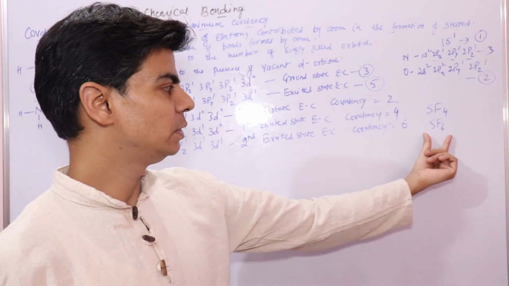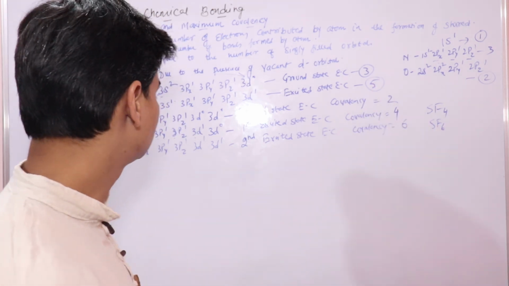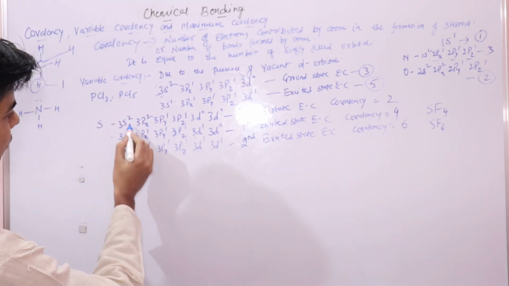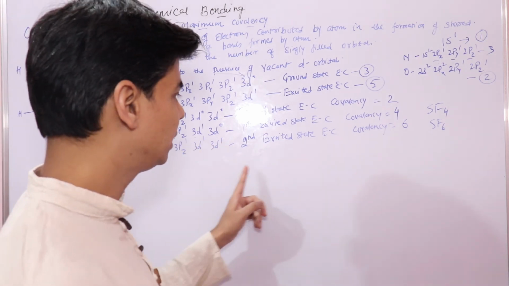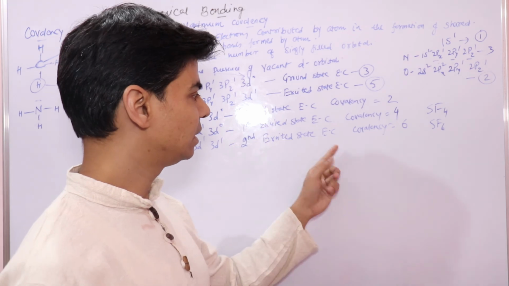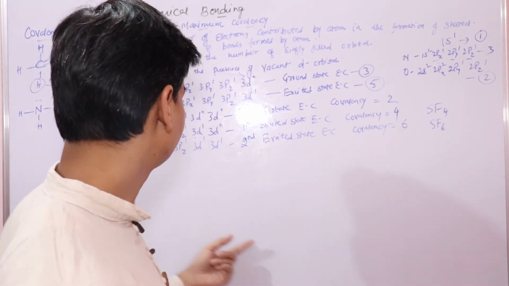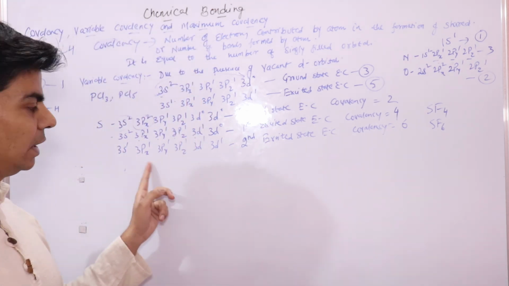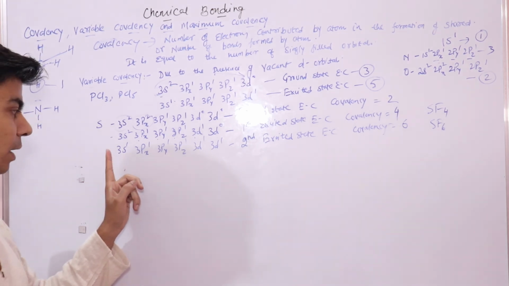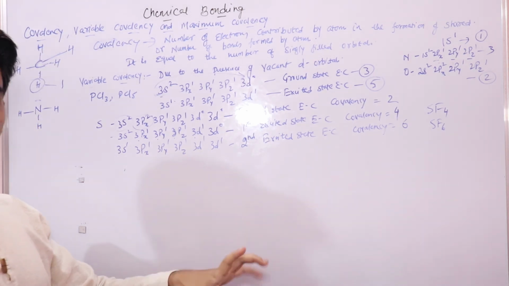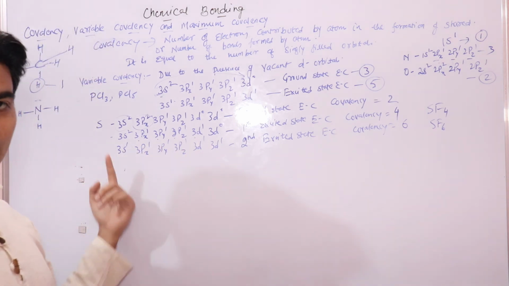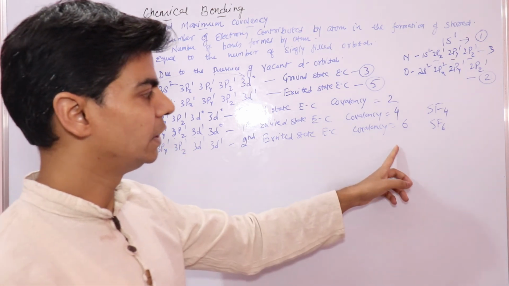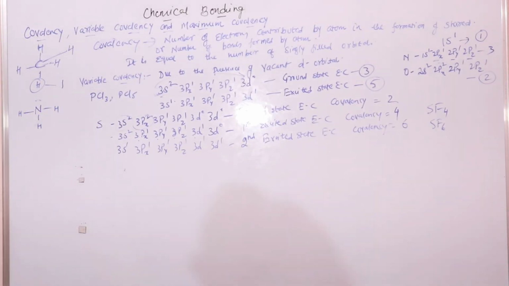So when this molecule gets formed, enough energy is released that both the electrons from s and p orbitals are transferred to vacant d orbitals, resulting in the second excited state electronic configuration that has maximum orbitals as half filled. So the half filled orbitals is equal to the covalency, which is 6, right?